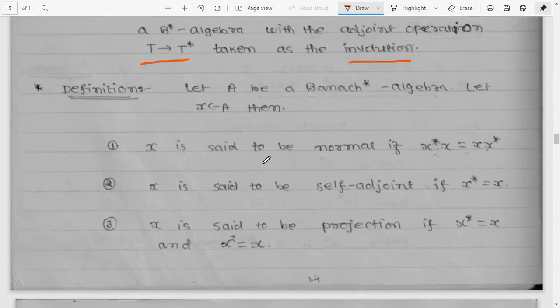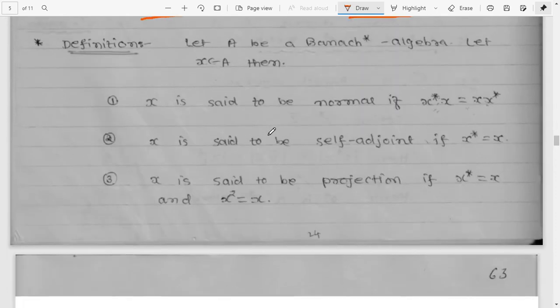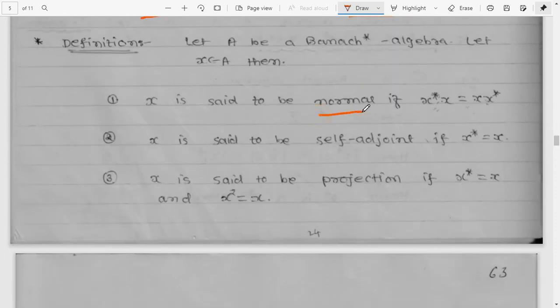Now let us see the definition of normal, self-adjoint, and projection. Let A be a Banach star algebra. Let x belongs to A. Then first, x is said to be normal if x star x is equal to x into x star.